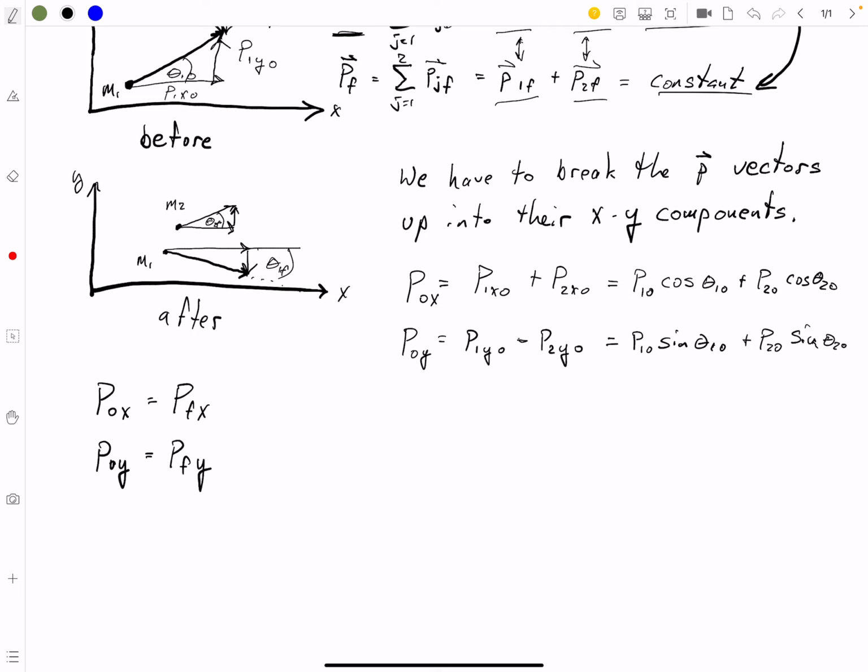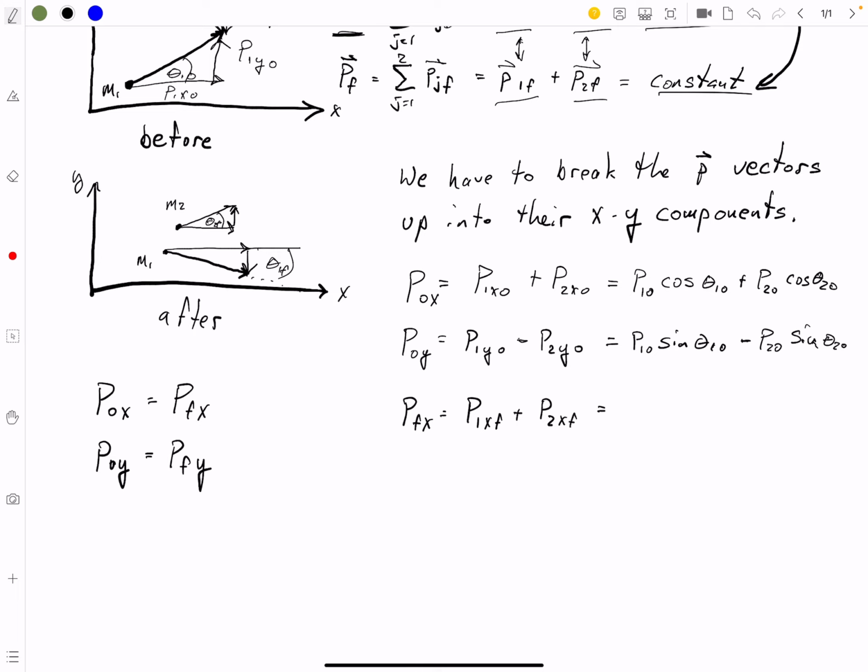Now we can break those things down as well. P final X. Maybe I should write it out, because I missed my negative sign again. Let's do it so that we have our negative signs at least done properly. P final X, what is that going to equal? That's going to equal our P1 X final plus our P2 X final.